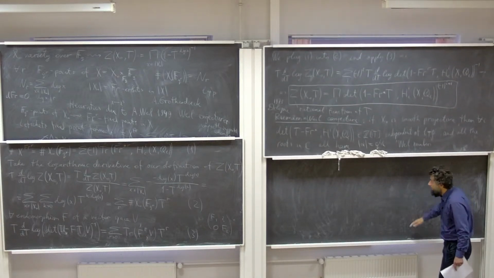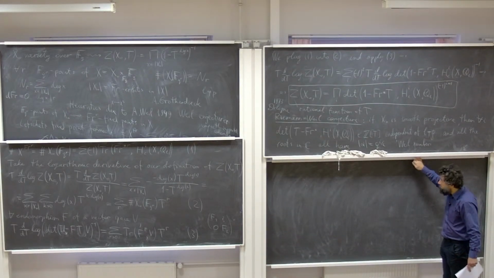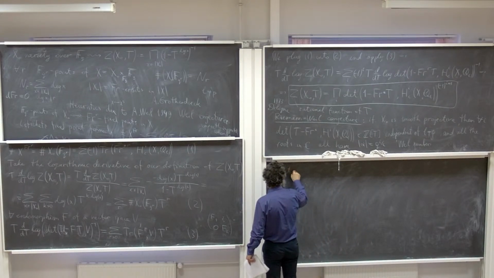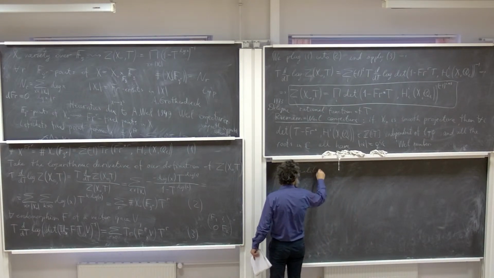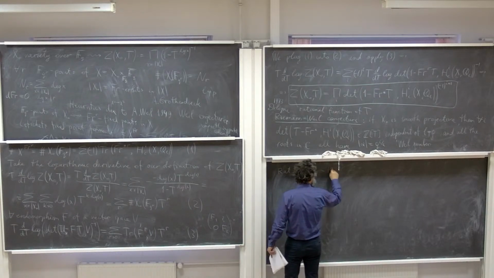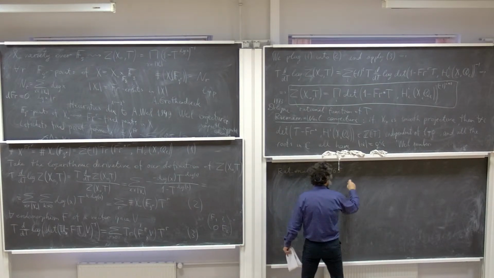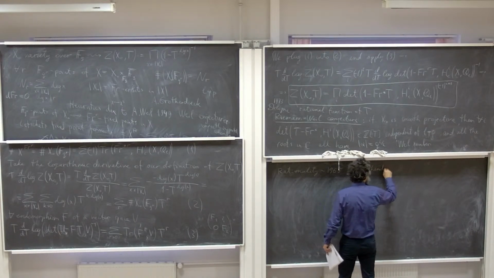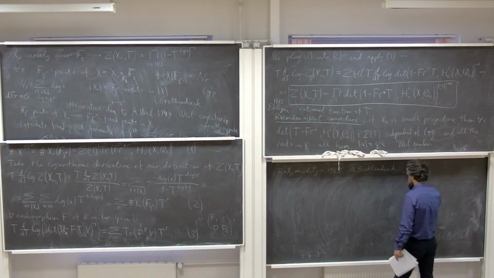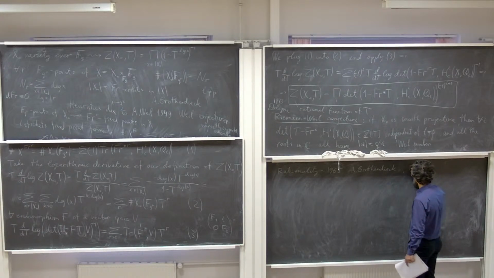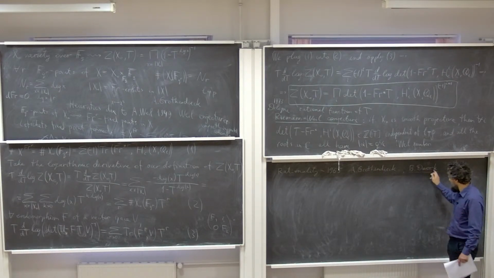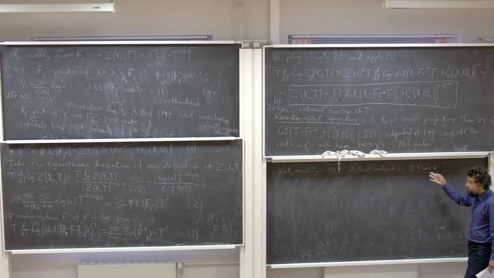But maybe around the same time, about 1965, this rationality was proved by Grothendieck, and independently, by some different method, by Dwork. And we're going to discuss the proof due to Dwork. The proof of Grothendieck is just this.